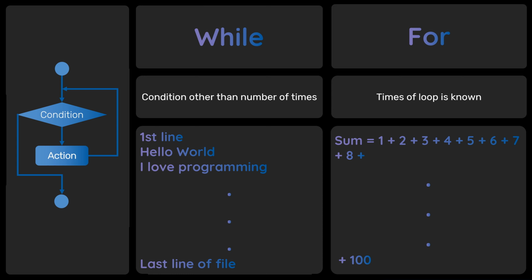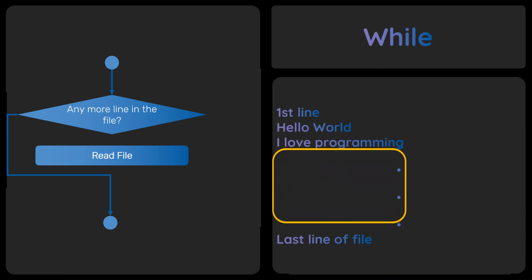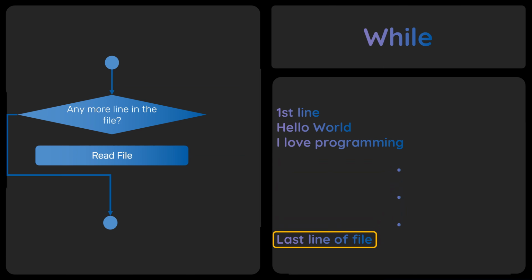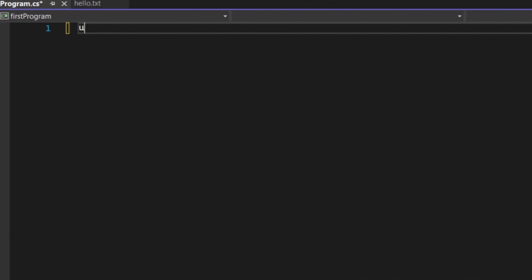Before we implement the while loop, let's visualize how the while loop works to read the file contents. The file will be read line by line until reaching the end of file. Now, we're going to implement this program in C#.